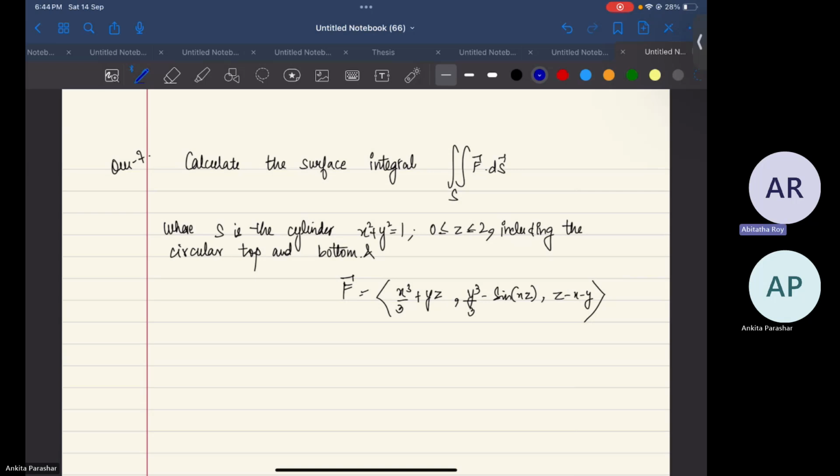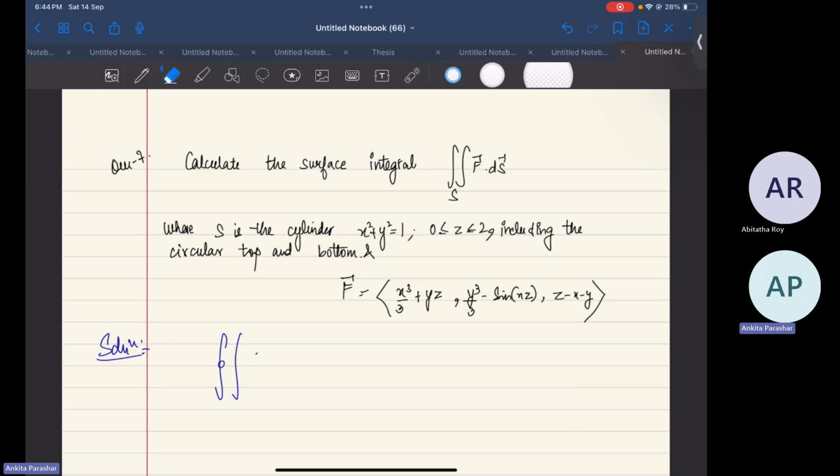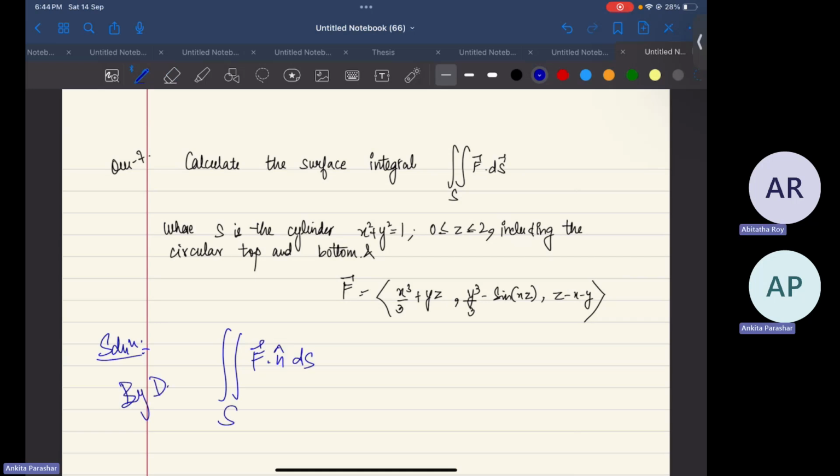So what we want to compute is this F dot dS, but by the divergence theorem, I will simply write divergence of F times dV over a certain region E. Of course, E has to be a solid region enclosed by the cylinder.